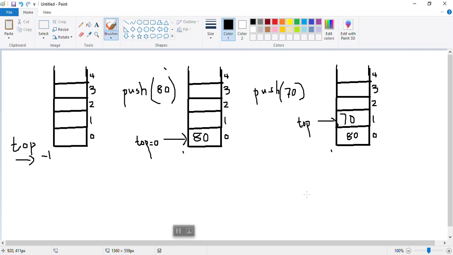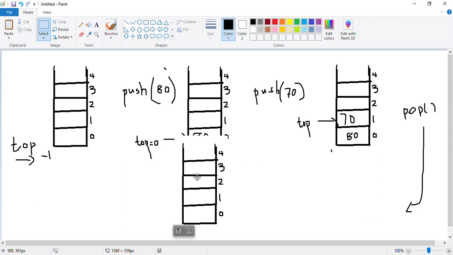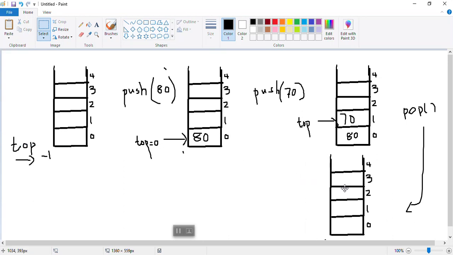Alright, suppose now I call pop. Which element will be deleted? The element which was inserted last. So what will you get now? You will have only 80 here.